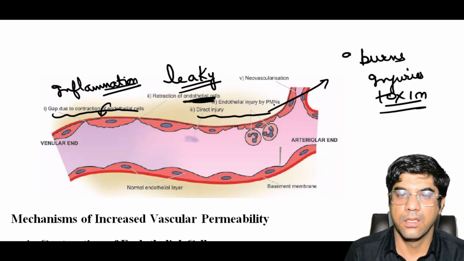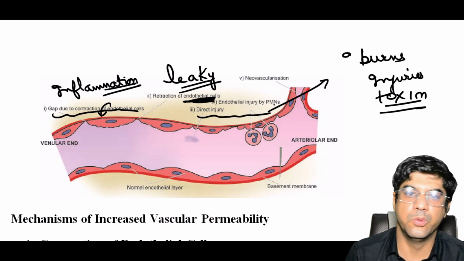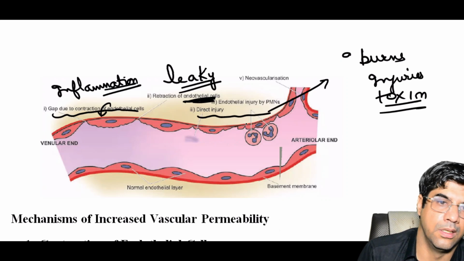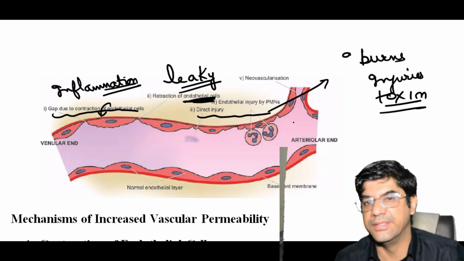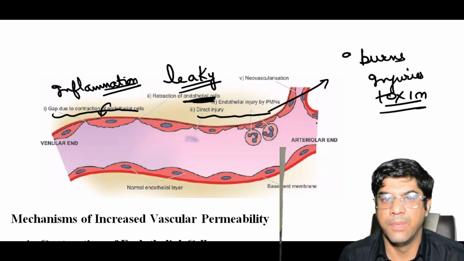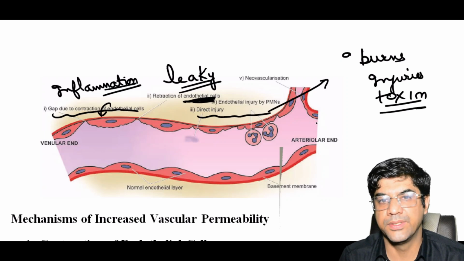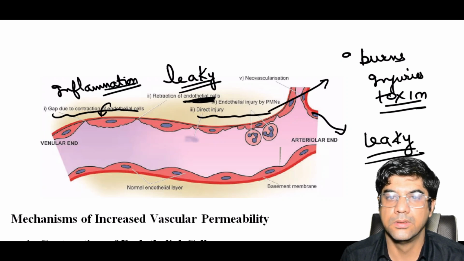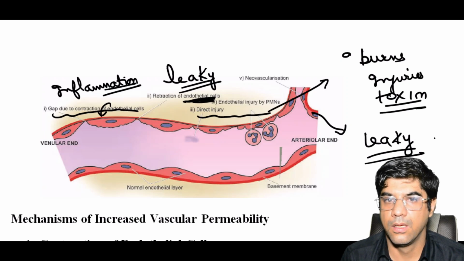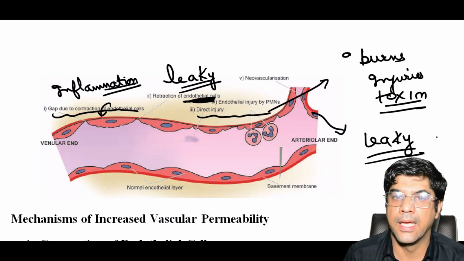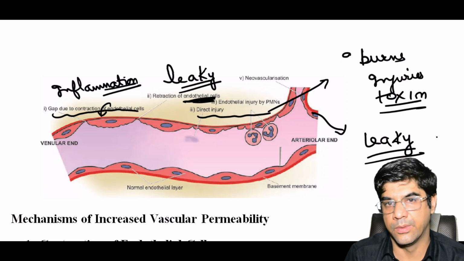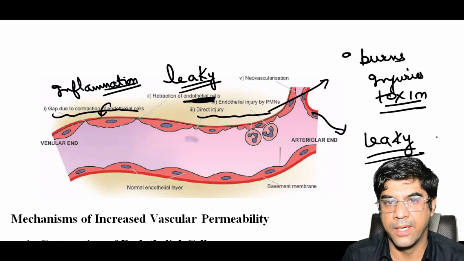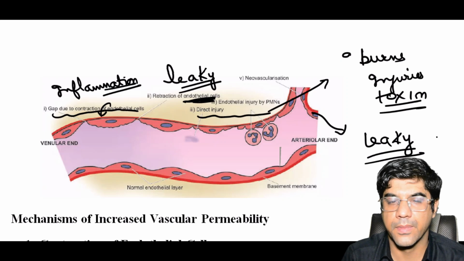Apart from that, the white blood cells stick to the vessel walls and release substances that make the walls leaky. And in new vessels, like in healing or tumors, the new blood vessels are more leaky.